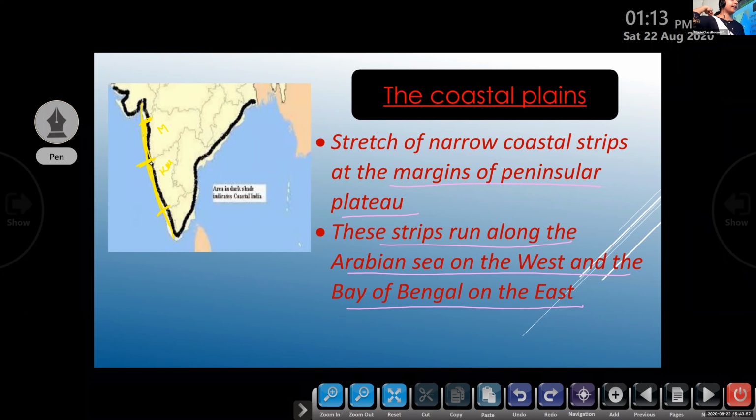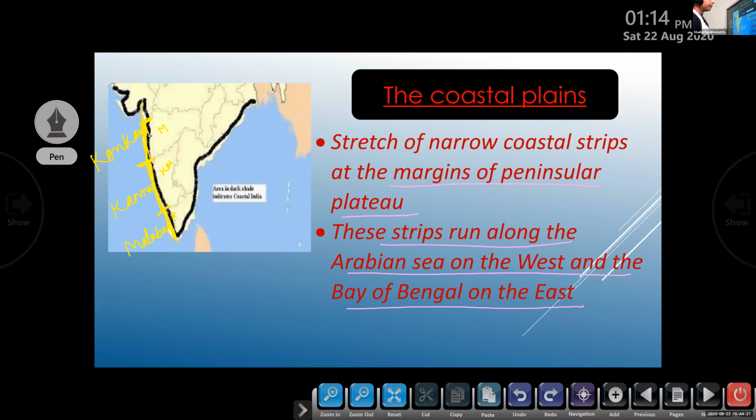This is Kerala. Our coastal region is known as Malabar coast. Karnataka coastal plains are known as Kannad plains. Maharashtra from Mumbai to Goa is known as Konkan coast.